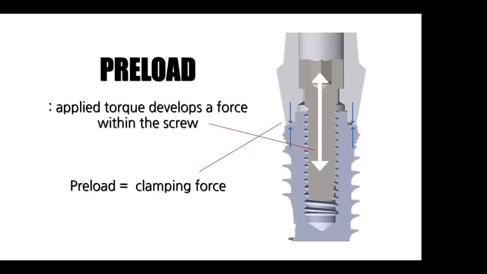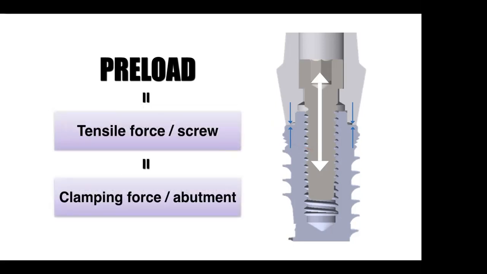So are we on the same page now? I hope so. The preload is the tensile force within the screw, and it is the same as the clamping force the screw creates between the implant and the abutment.